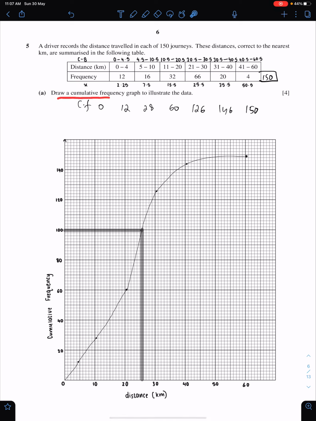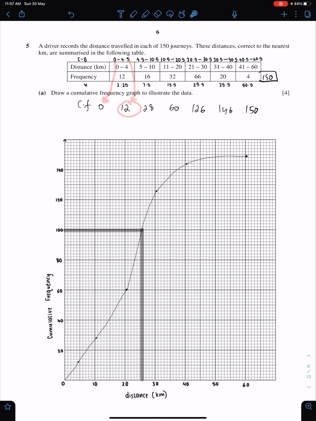Draw a cumulative frequency graph. This 12 is here. 12 plus 16 is 28. 28 plus 32 is 60. 60 plus 66, 126. 126 plus 20, 146, plus 4, 150. And this 12 is for this class boundary, 4.5. And for this, always 0.